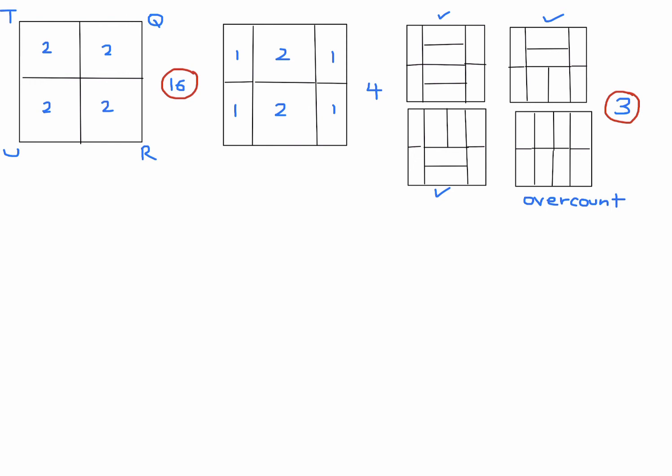Let's see if I can get any more scenarios. And the answer is yes. All you've got to do is just take this one and flip it. So basically take what I just did and flip it. And what I really mean by flip is turn it 90 degrees. So you are basically just doing this kind of thing, like that.